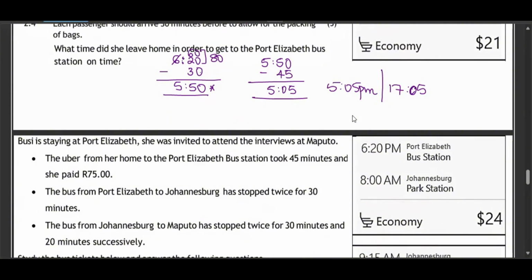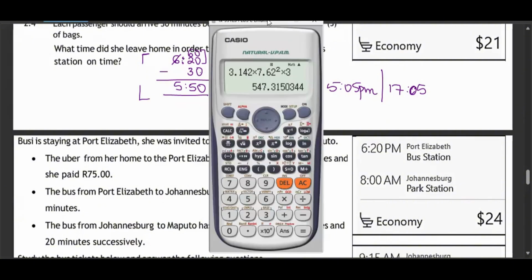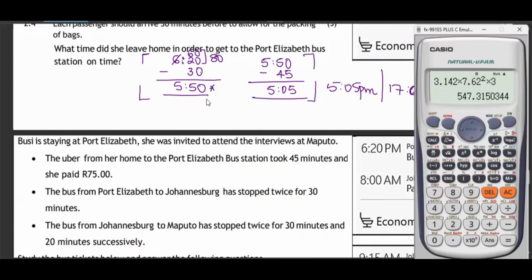We work backwards. Now, if you find it hard to find time, we shall use your calculator, please. How do you use your calculator? Pick your calculator and find out. I'm working backwards, okay? If I'm working backwards, what do I need? I need the time when I'm going to be there. So here, you use this key here, okay? So it's going to be our 6.